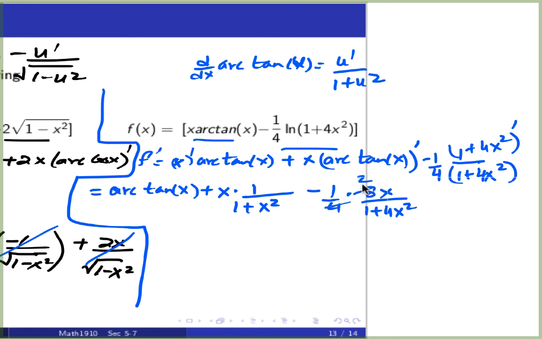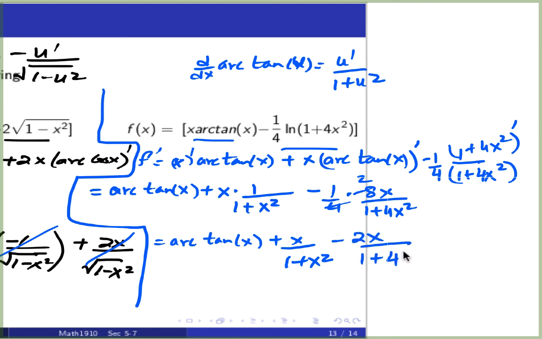So the 4 cancels with this. So your final answer is arc tangent x plus x over 1 plus x squared, and minus 2x over 1 plus 4x squared.